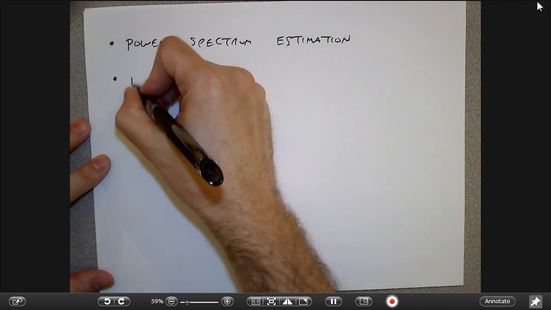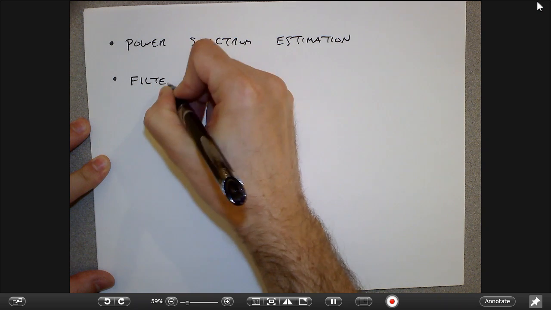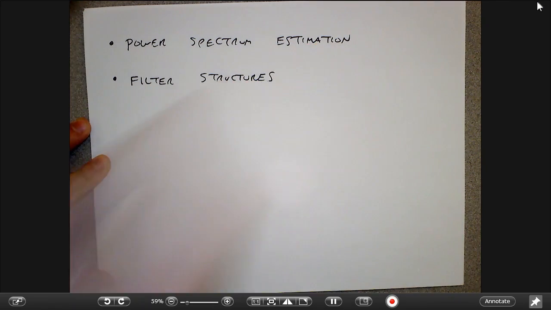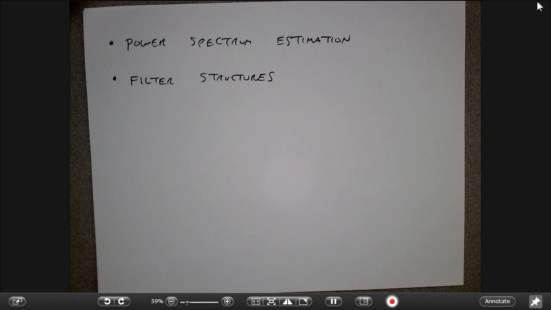One thing I didn't talk about at all, again because I find it kind of boring, is filter structures. Again, I think this comes in the category of boring but important. Whenever I have a filter, an FIR filter or IIR filter, there are lots of choices about how to implement that filter. We touched on this a little when we talked about polyphase filtering, where I could implement the filter directly, or split it up into smaller pieces and use a delay chain.